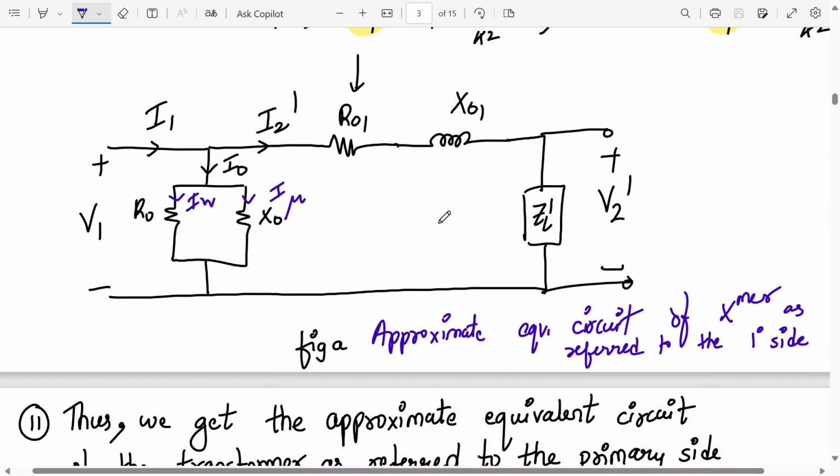Now tell me what RO1 plus XO1 can be called as? So this together is called ZO1, where ZO1 square will be RO1 square plus XO1 square. Yes or no?